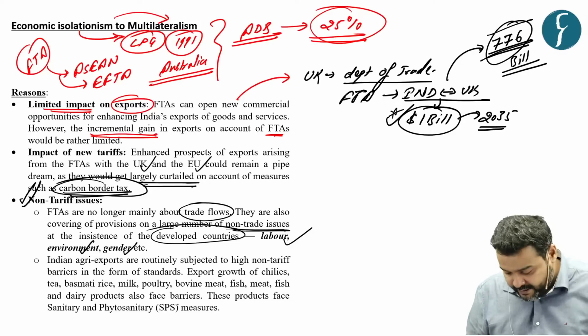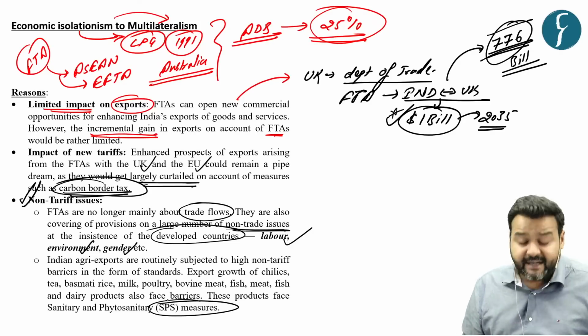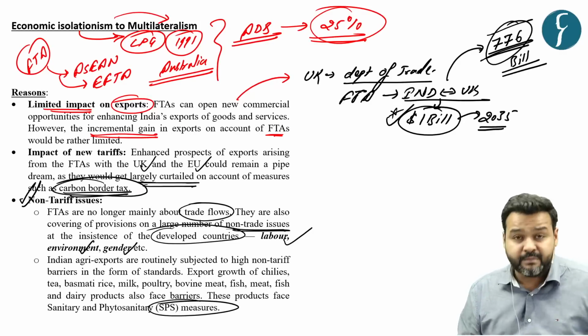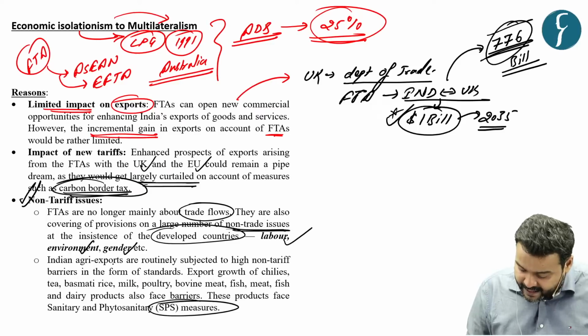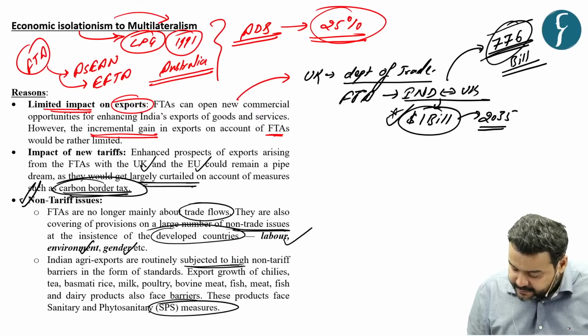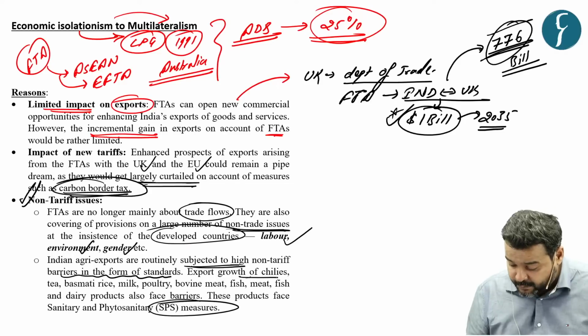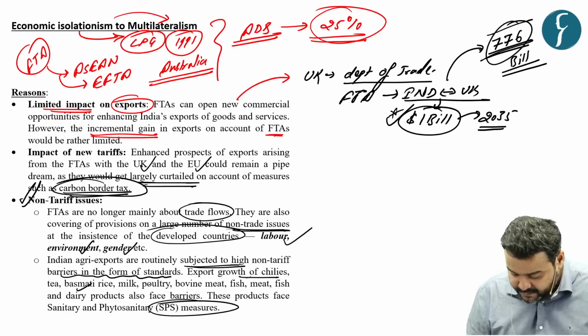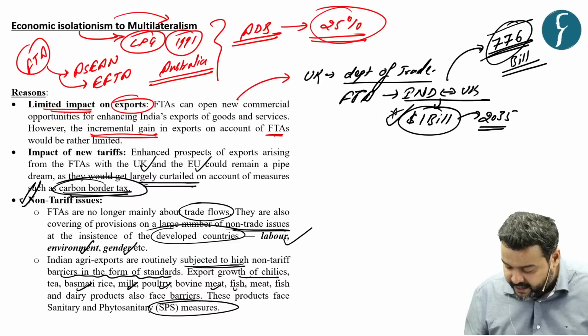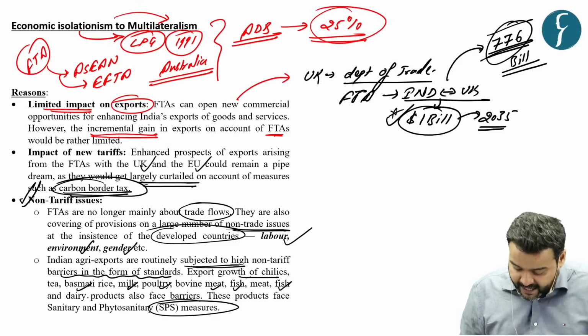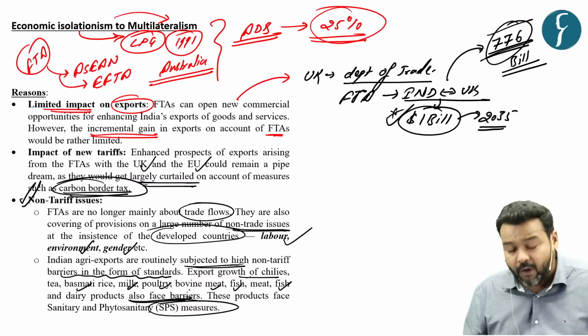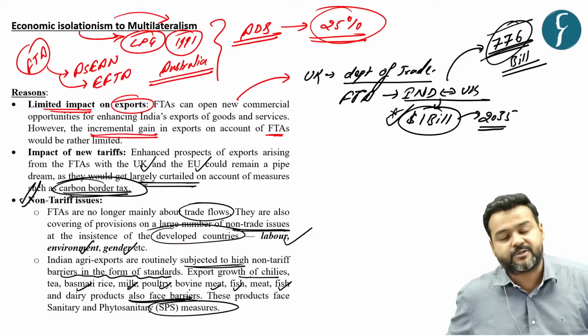You all might have heard about the sanitary and phytosanitary measures. India's agri products are routinely subjected to high non-tariff barriers in the form of standards. Export growth of chilies, basmati, milk, poultry, bovine meat, fish and dairy products all face these sanitary and phytosanitary measures.